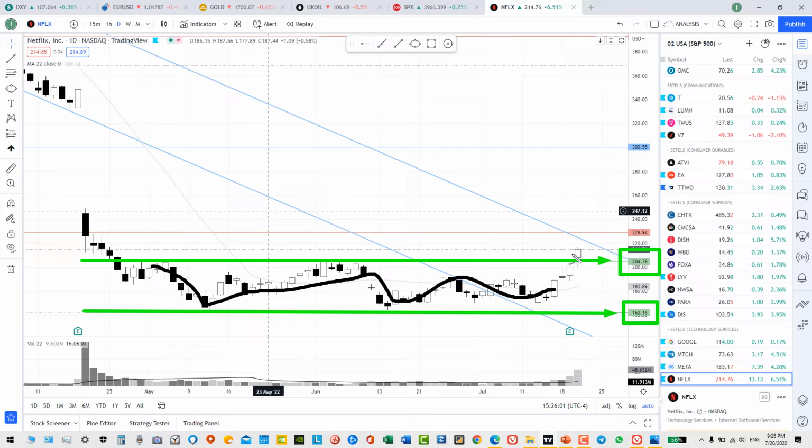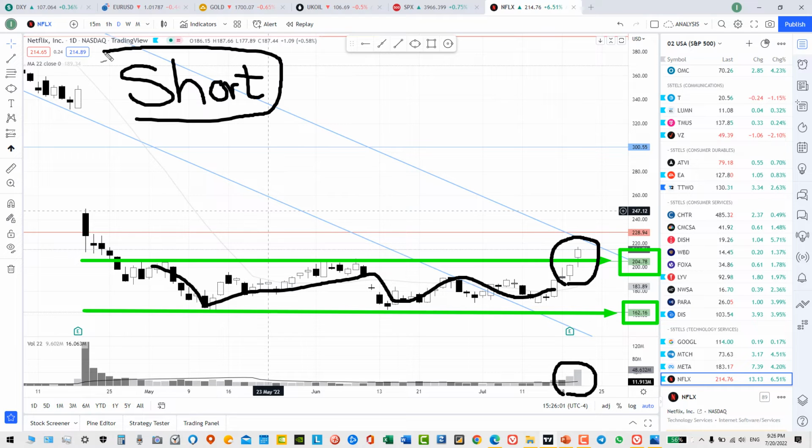Now we can see it's picking up volume the last two sessions, and it managed to break above the 204 level, which is considered short-term resistance. Until now, it is considered positive, but this positivity is over the short term only. It did not change the structure of the bigger time frames.